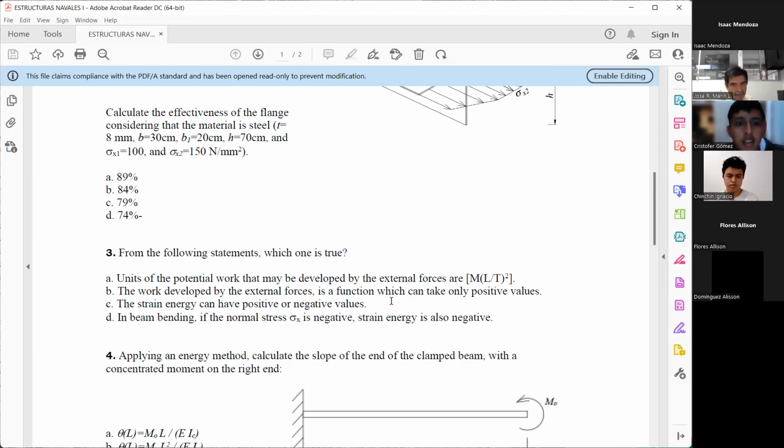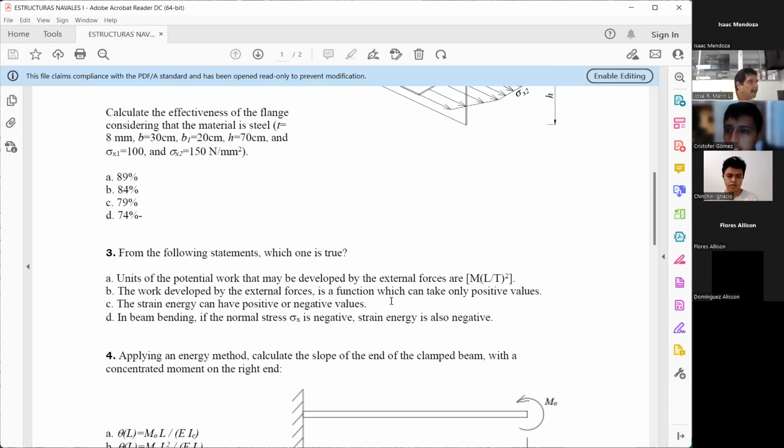C, the strain energy can have a positive or negative value. D, in bending, if the normal stress is negative, the strain energy is also negative. Okay. Answer the question, Mr. Gomez. Letter A. The units are it.